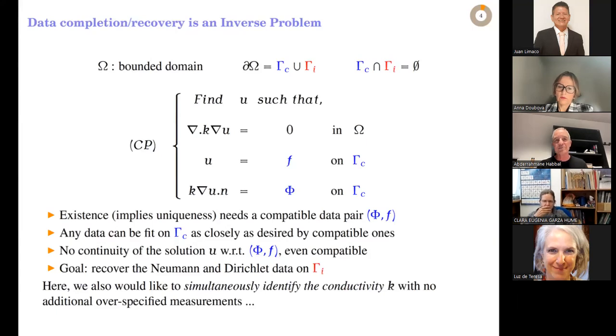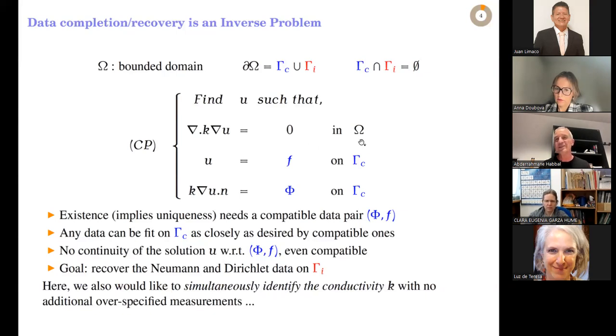So let me start by saying a few words on what is data completion, or data recovery, boundary recovery. It is also known as a Cauchy problem, but indeed it is an inverse problem. And it is stated as follows here for the Poisson equation. Here I assume that I know the parameter K. So I have a PDE, but it is not a boundary value problem.